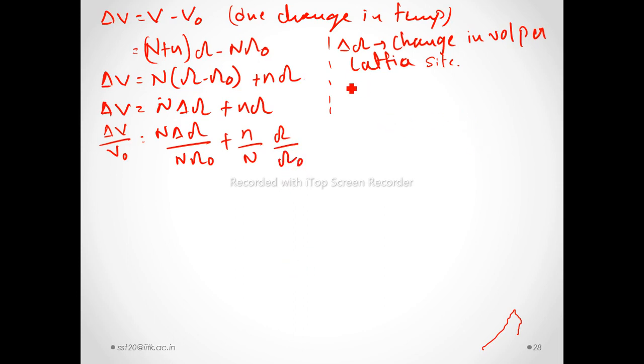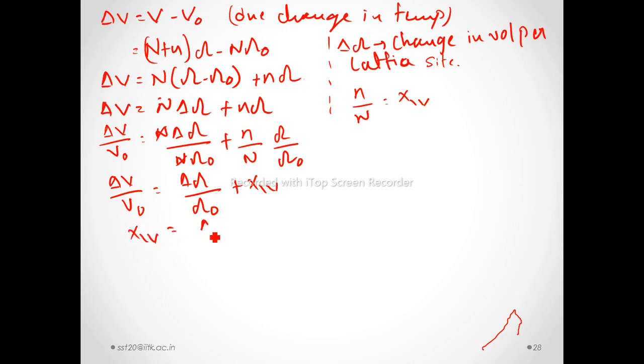Then we know that n divided by N equals x1v. This cancels. Delta V by V naught equals delta omega divided by omega naught plus x1v. So x1v can be written as delta V by V naught minus delta omega by omega naught.